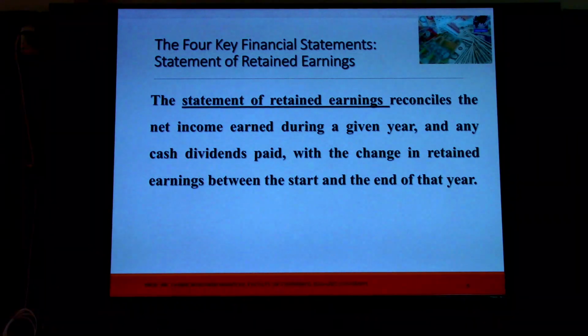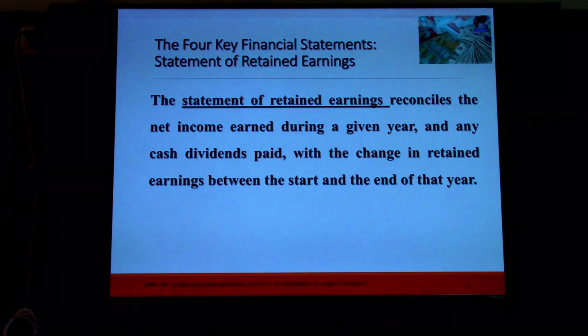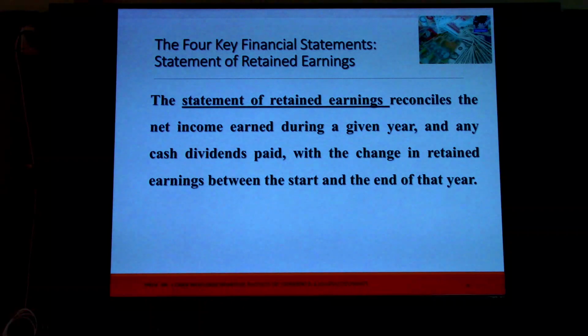It reflects the situation of the retained earnings at the beginning of the year, whether there is payment of dividends or not, and the situation of the retained earnings at the end of the year.